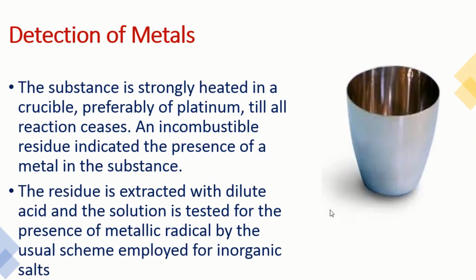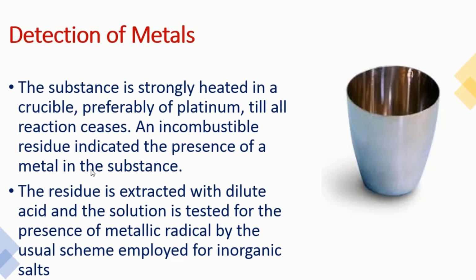Then lastly, if there is some presence of metals, for that purpose we heat the compound in a crucible, just like a cup, like a china dish we know. This is made of platinum, and after the heating, when all reactions stop, some residue is present which does not burn.